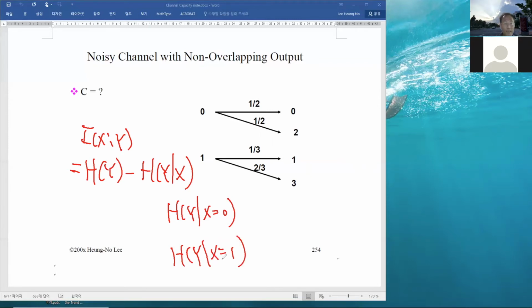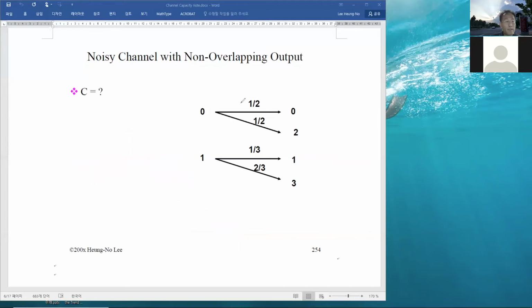You notice that since there are 2 outputs, each of them could be up to 1. The other approach is to utilize a different derivation for mutual information. So instead of using this, we can talk about mutual information differently.